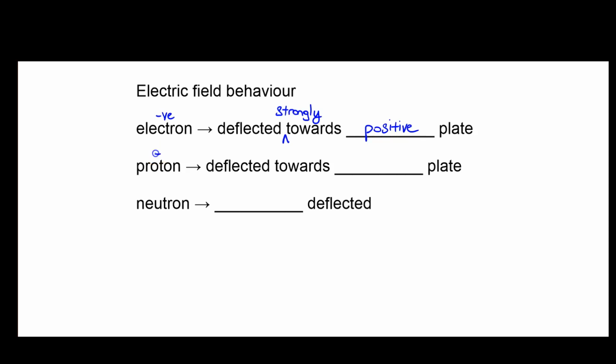Protons are positively charged, so they are attracted towards the negative plate. But protons are much heavier than electrons, so they are only deflected slightly. Neutrons have no charge, so they are not attracted to either plate and are not deflected at all.